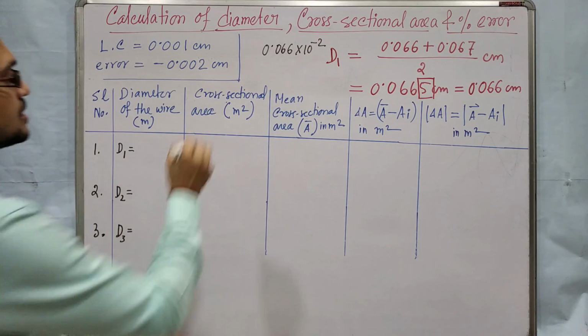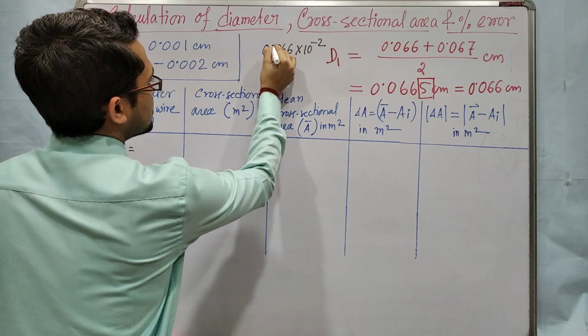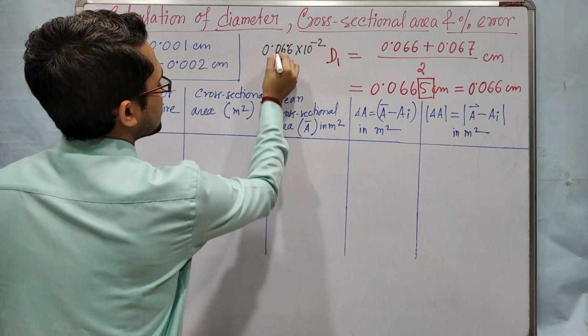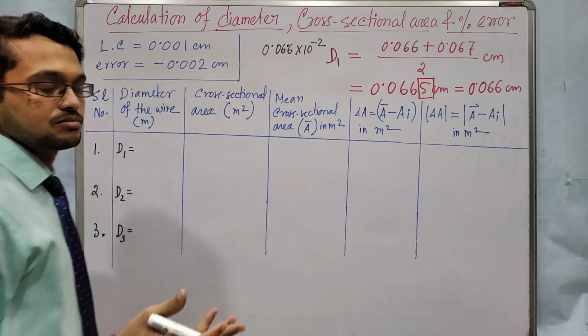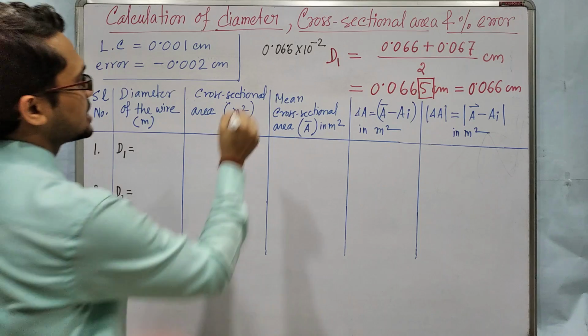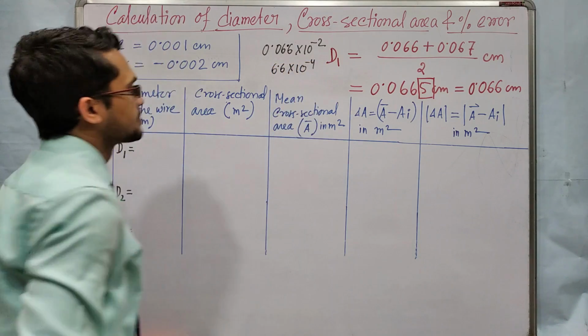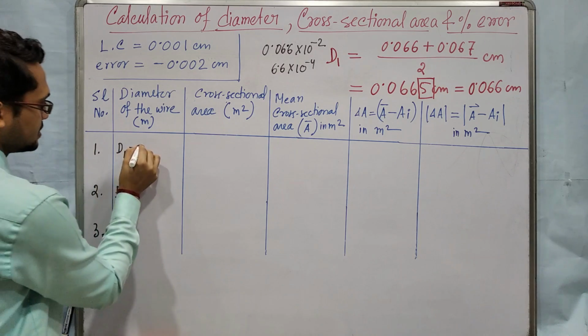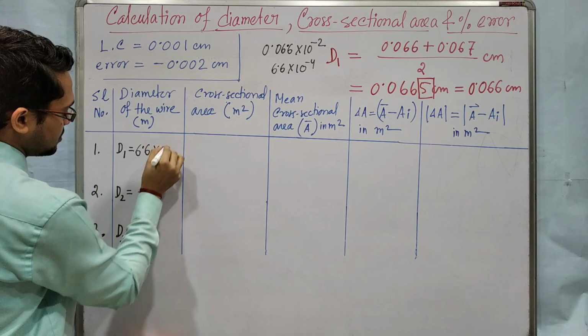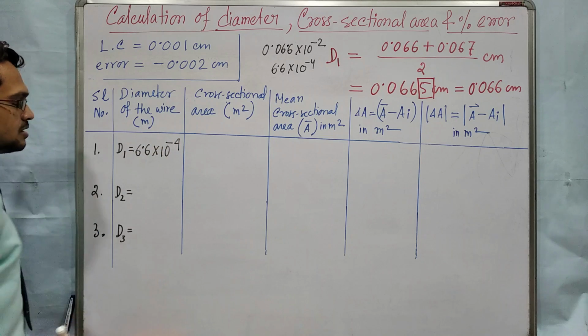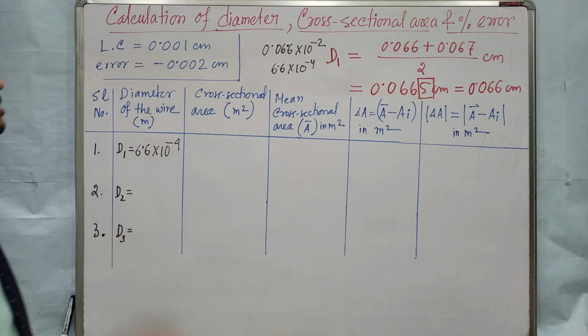Moving this decimal point here, it will be again 10 to the power minus 2, more 10 to the power minus 2. So 6.6 into 10 to the power minus 4. So the diameter is 6.6 into 10 to the power minus 4.